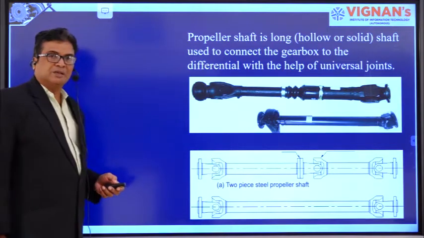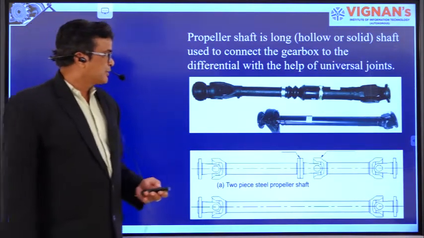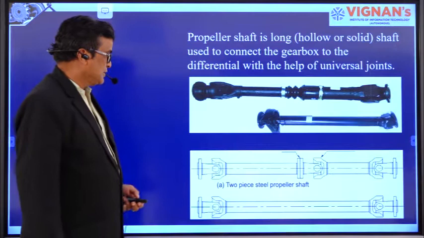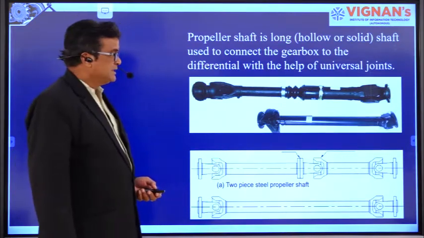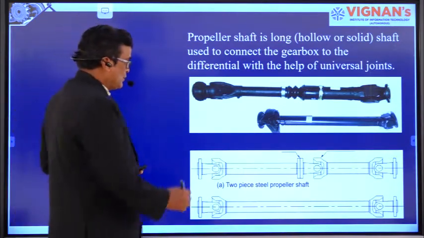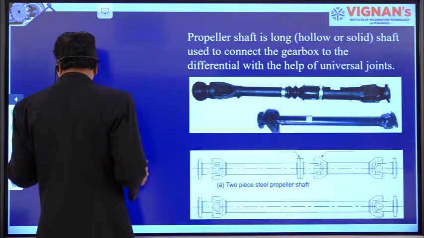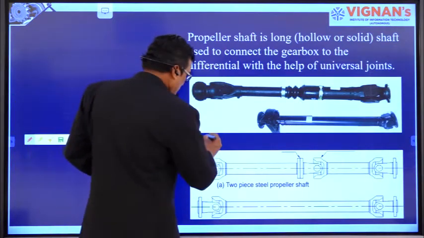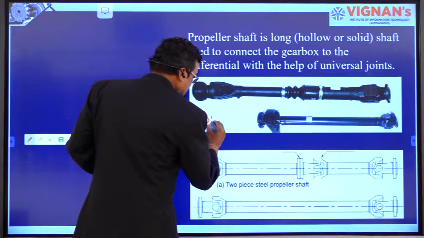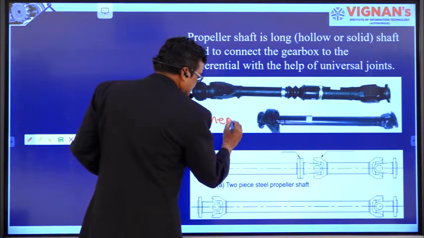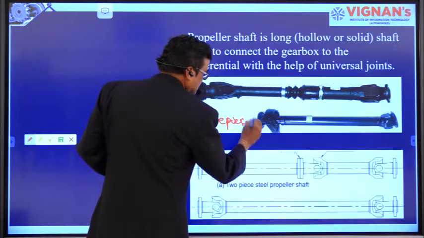So let us discuss how the propeller shaft is. The propeller shaft is of two types. One is a one piece propeller shaft like this, single piece, right.